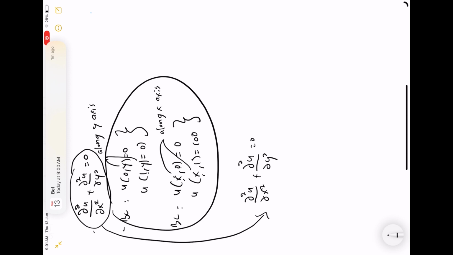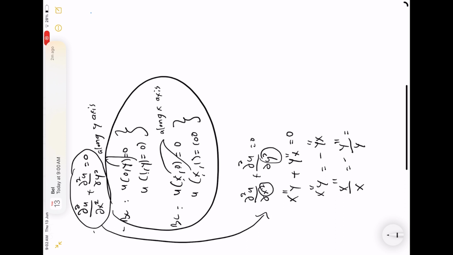So here you see that it is x squared, so you will have x double prime y plus y double prime x equal to 0. Okay, so what you need to do now is perform separation of variables. So u(x, y), x double prime y equal to negative y double prime x. Okay, and then bring x to one side, and then this negative y double prime over y equal to negative lambda.